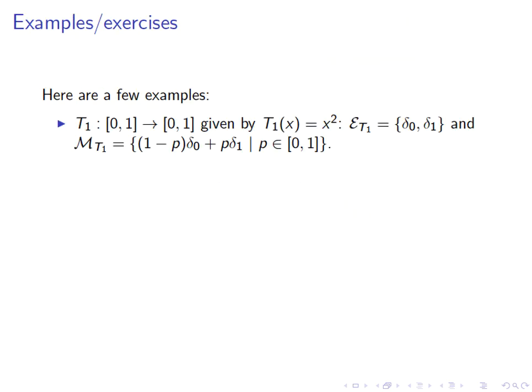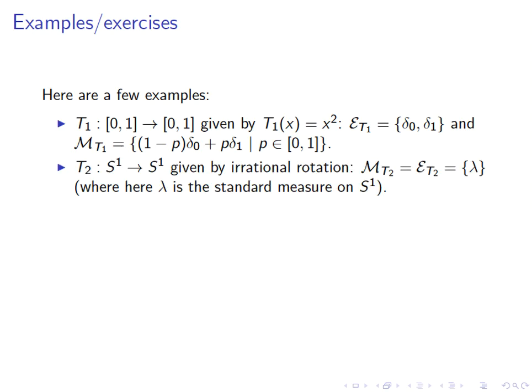And as always, it's good to recap and cast the entire lecture that you heard in terms of examples. Remember the examples that we mentioned in the very beginning of the lecture. We had the transformation T1 from the closed interval to itself given by x squared. We had the transformation T2, which was an irrational rotation of the torus.